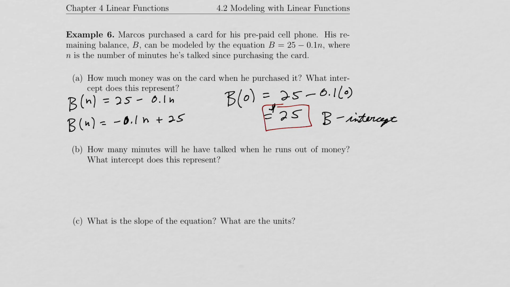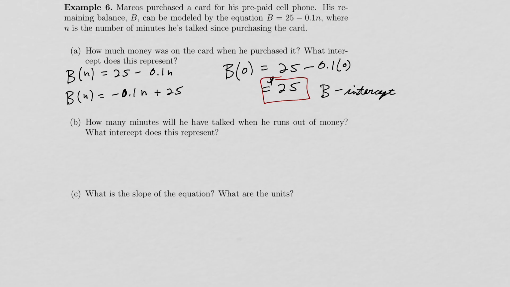Okay, what about the second question? How many minutes will he have talked when he runs out of money? What intercept does this represent? Okay, so if he runs out of money, that means his balance is 0. So we basically want to set b equal to 0 and then solve for the number of minutes he's talked. Solve for n. So I'm going to have negative 0.1n plus 25 equals 0.